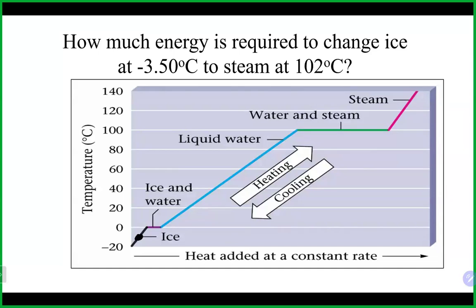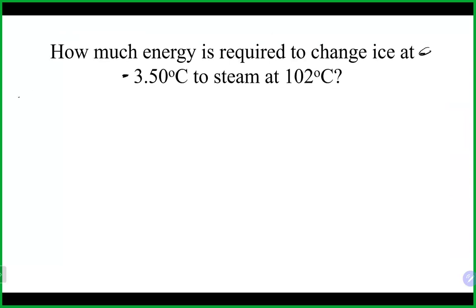The first thing we need to do is take it from ice at -3.5 degrees Celsius to ice at 0 degrees Celsius. That is basically the same state all the way through, but we are changing the temperature.